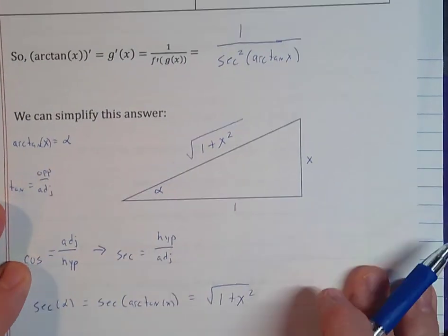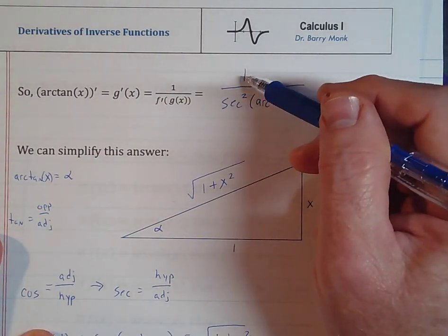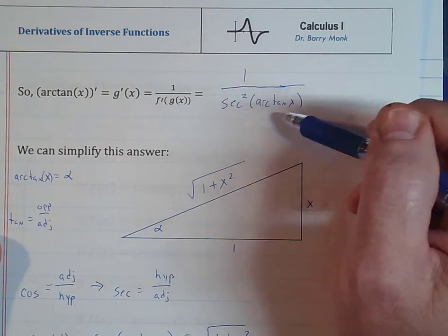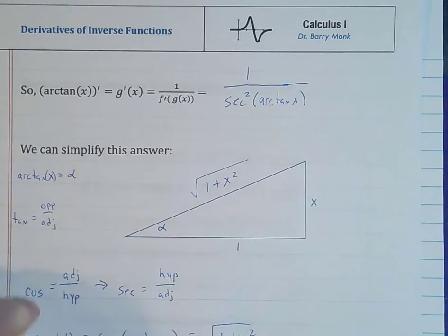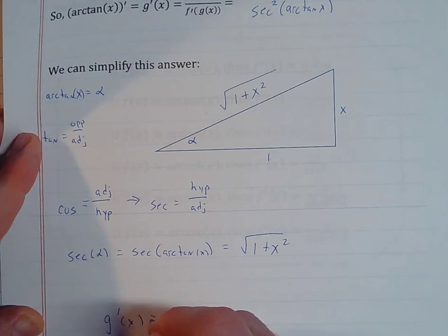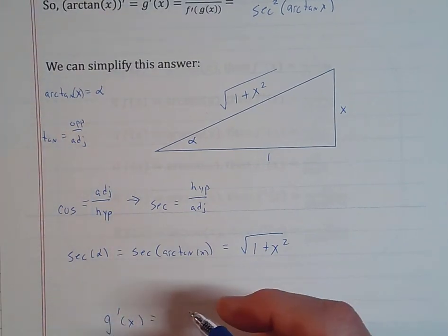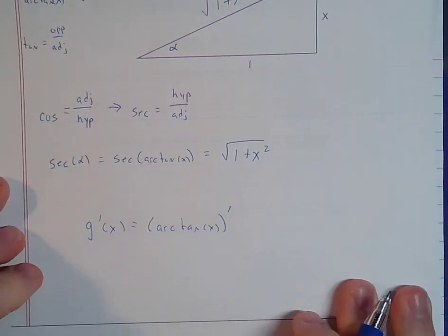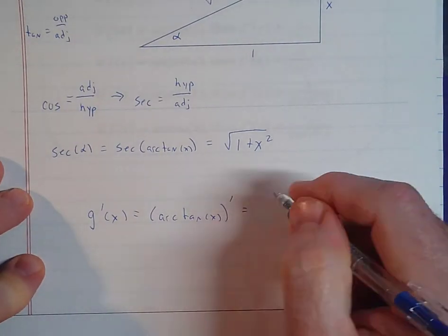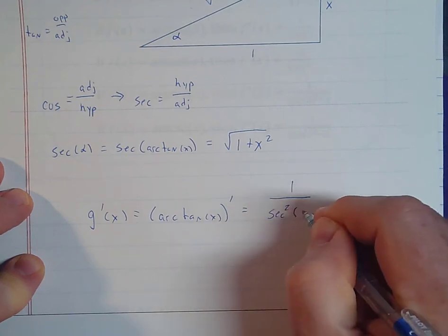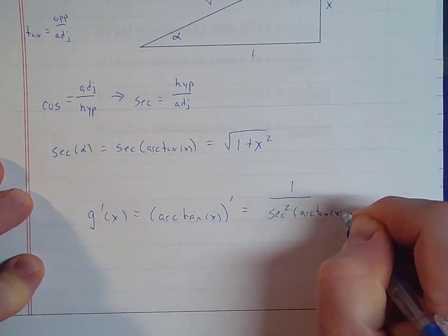Which means that if I go all the way back up here, then secant would just be the square root of 1 plus x squared. So secant squared would be just 1 plus x squared. And it looks like I should be able to go ahead and write down now g prime of x, which is arctangent of x prime, is, I've already written down, 1 over secant squared arctangent of x.